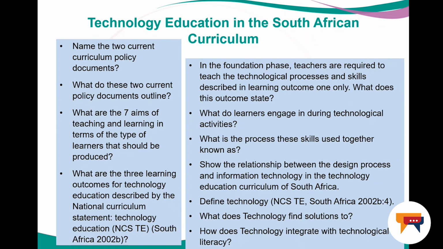So this relationship between the design process and information technology can be understood better in figure 4.1, which we showed in the previous slide, where it's showing that the design process and technological skills plus the information technology form the technology education in the South African curriculum. So just go over this figure. It might give you a better understanding of how it works.